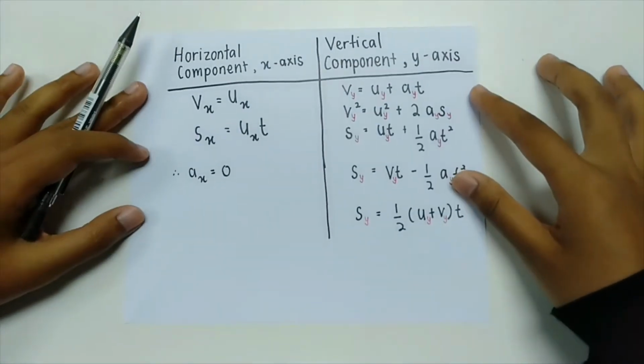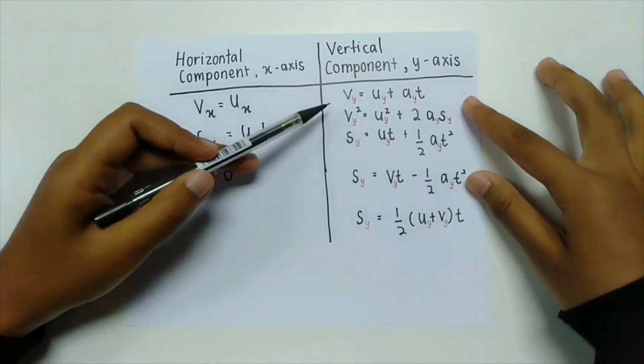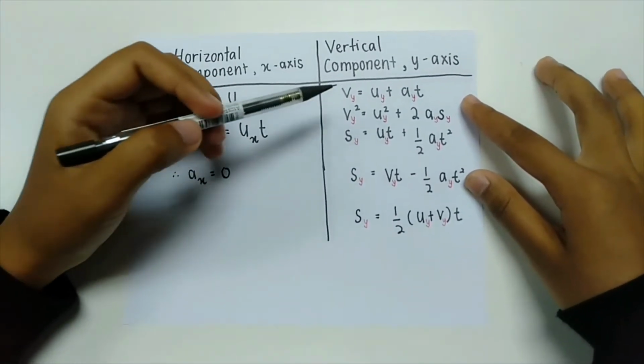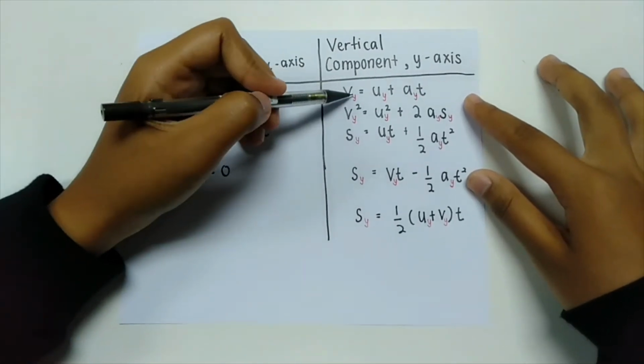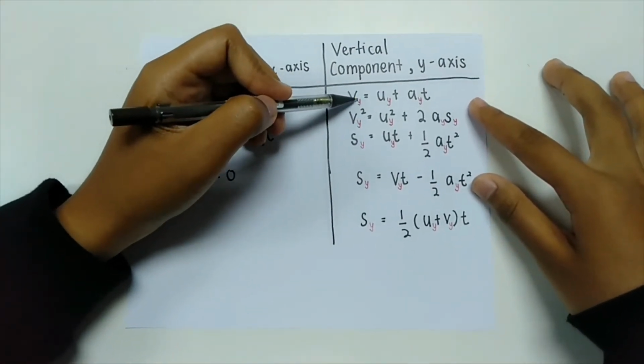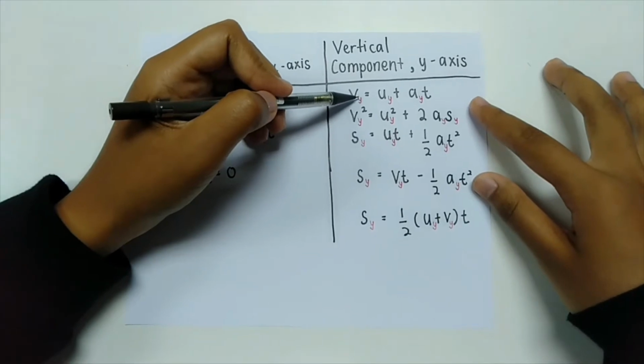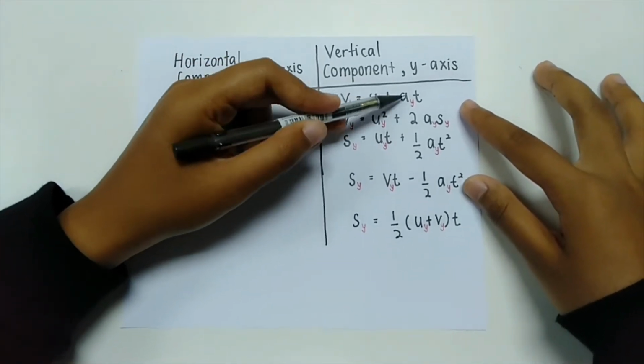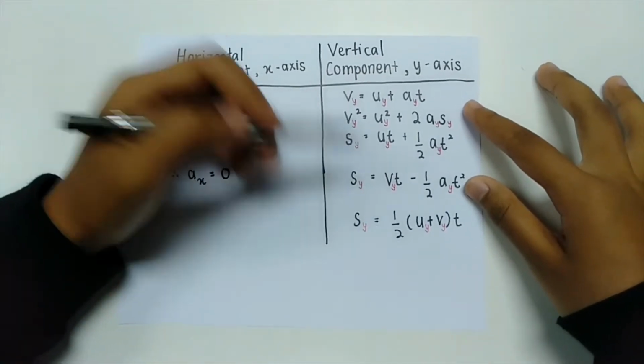As you can see here, the equations are the same, but the only difference is in y-axis, you just add y beside the alphabet. For example, vy equals uy plus ayt, and so on.